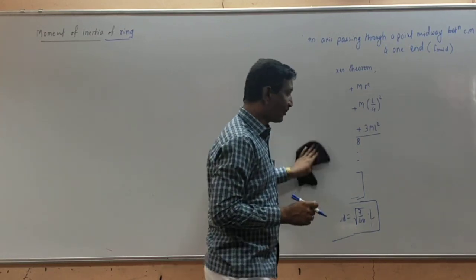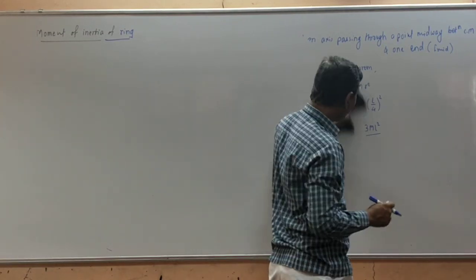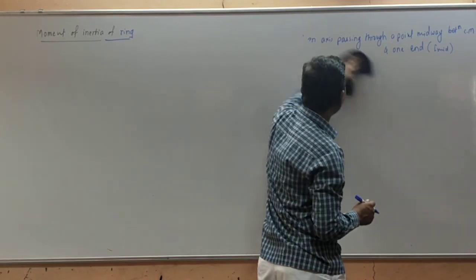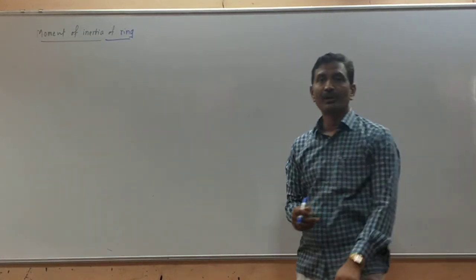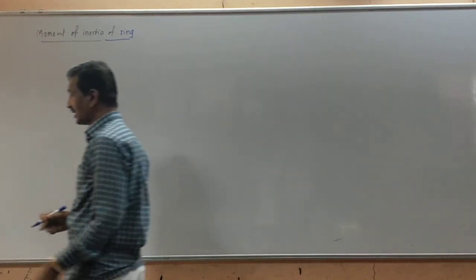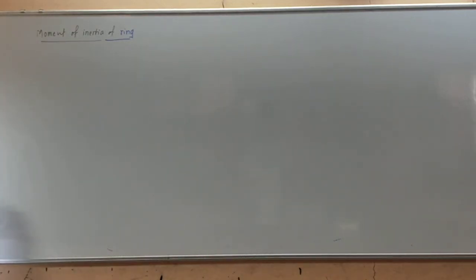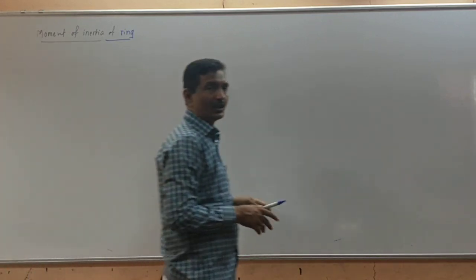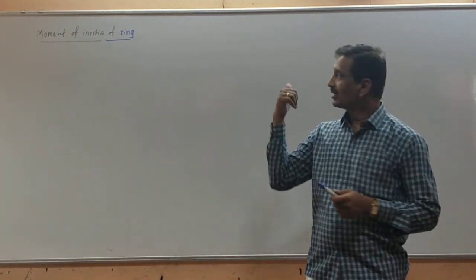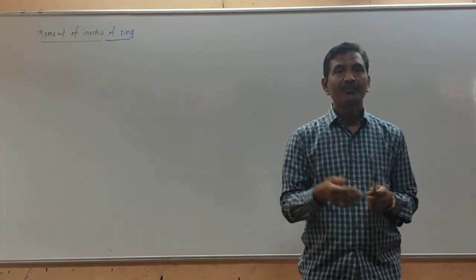The second axis is about any diameter. The third axis is about the tangent in the plane of the figure. And the fourth one is about the tangent perpendicular to the plane of the figure. These are the 4 cases in the case of a ring, as well as for the disc. So we discuss the moment of inertia of a ring and disc in the next session.